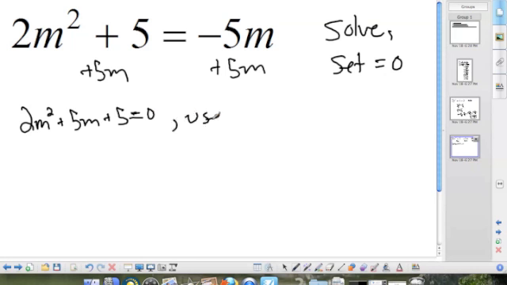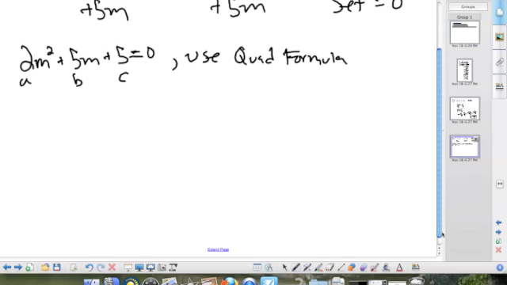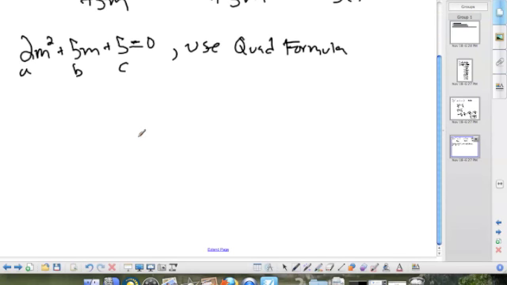And I'm going to use the quadratic formula. Why? Because I have a, b, and c, and I know I can't factor. And I'm not going to complete the square, because I prefer to use the quadratic formula.